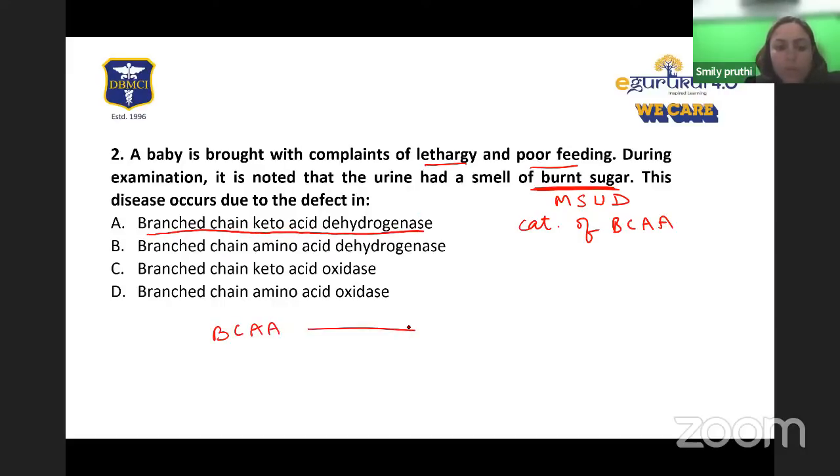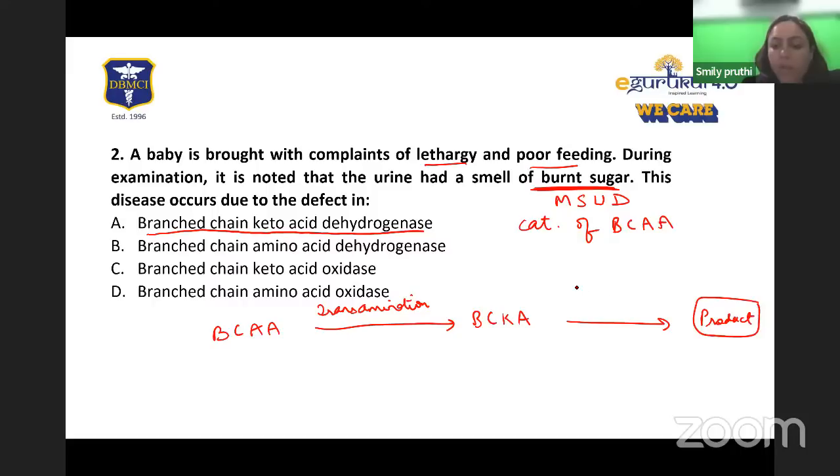In the catabolism of branched chain amino acids, first by a transamination reaction, by transaminase enzyme, they get converted to branched chain keto acids, and then branched chain keto acid will form some product. You need not remember the product, but this reaction is an oxidative decarboxylation step. This step is affected in MSUD.